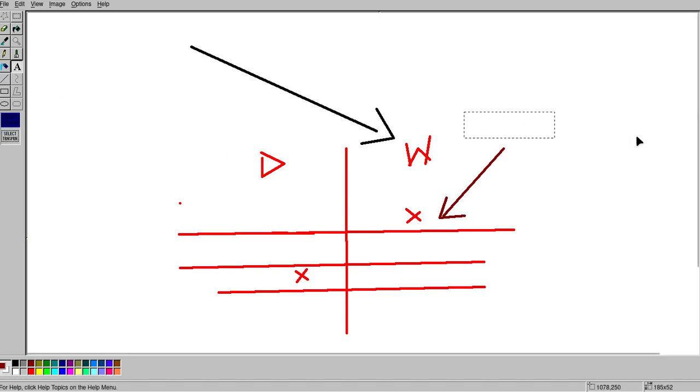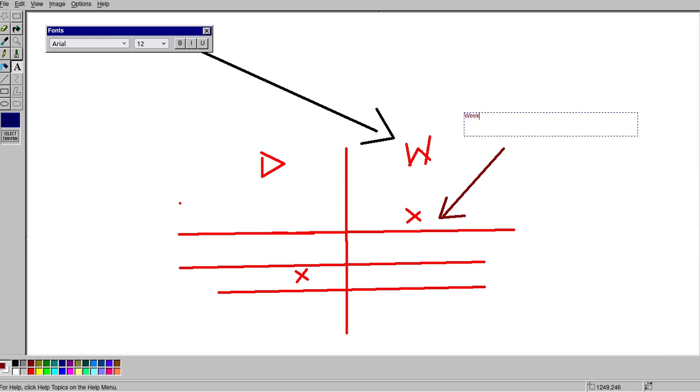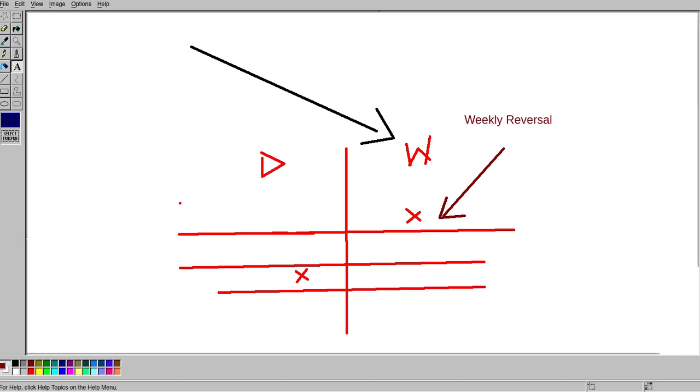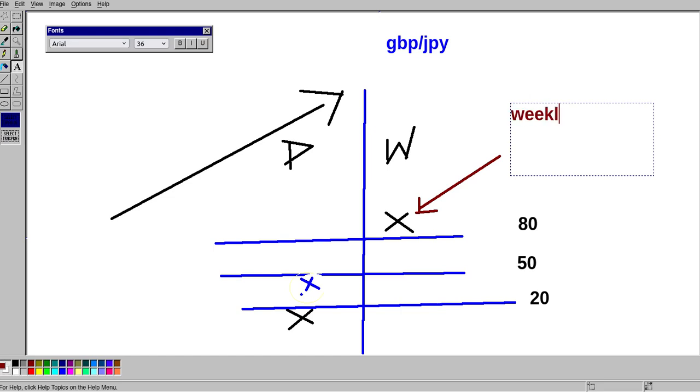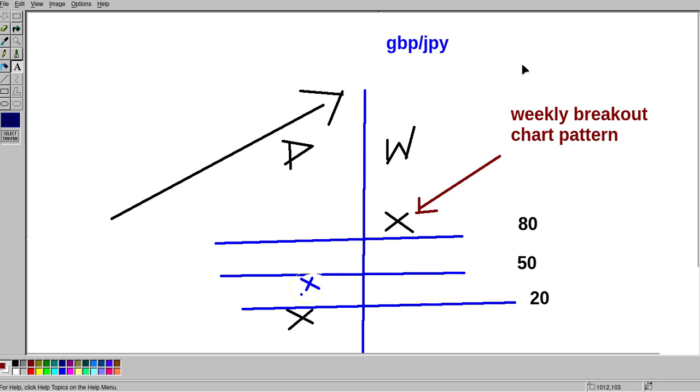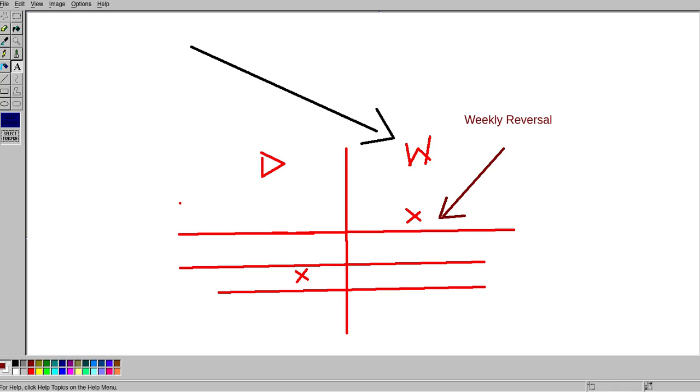Okay, so that's exactly what we are having here. So this is for NZD CAD.